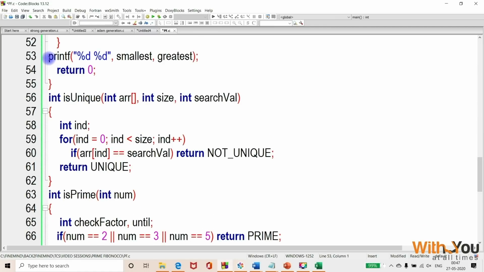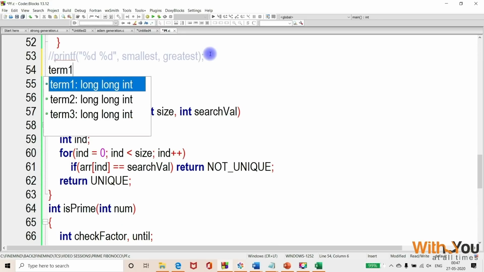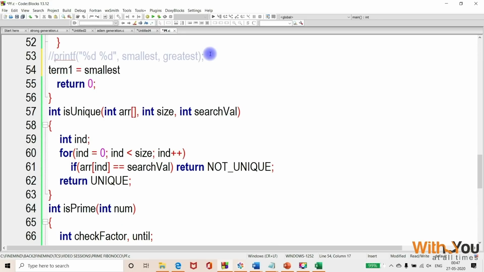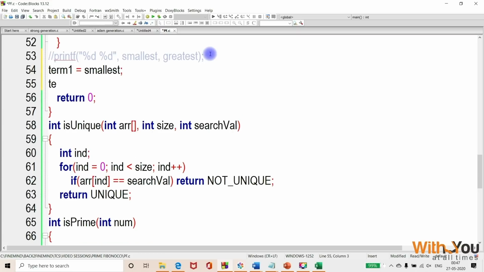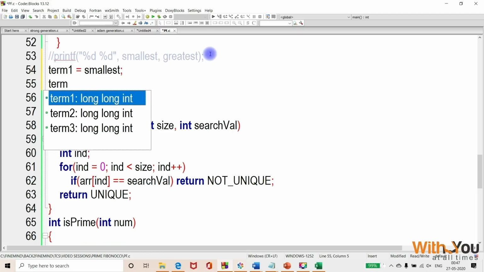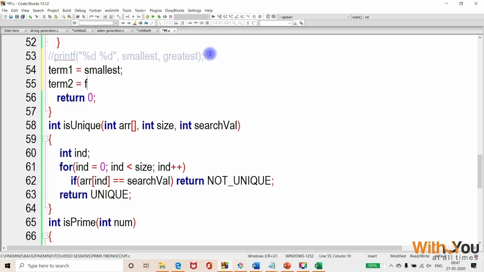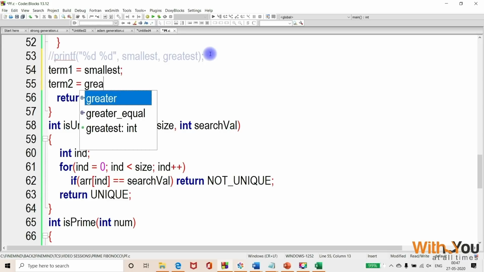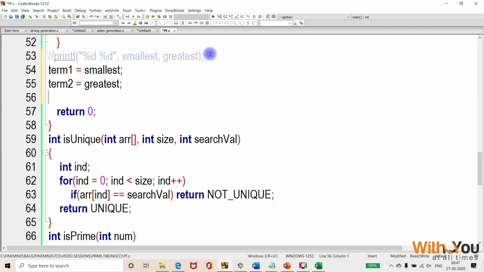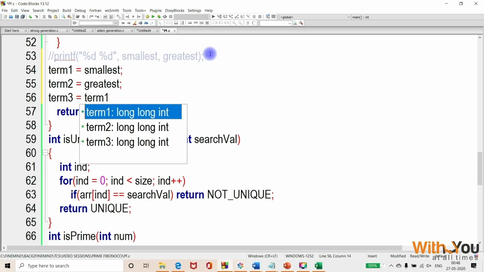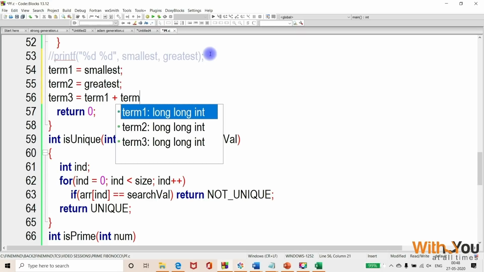Let me comment this printf and just say, okay, term 1 is equal to the smallest, and term 2 is equal to the greatest. Okay, and the next term is term 3, that becomes my term 1 plus my term 2.